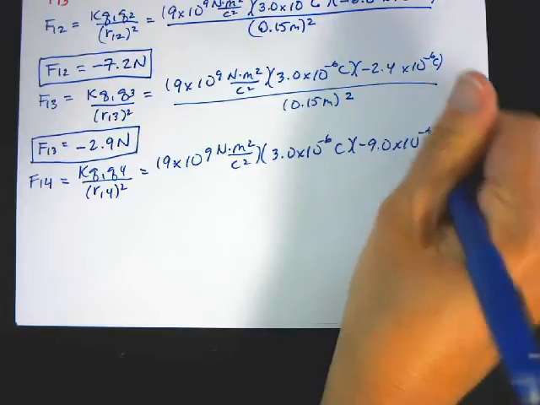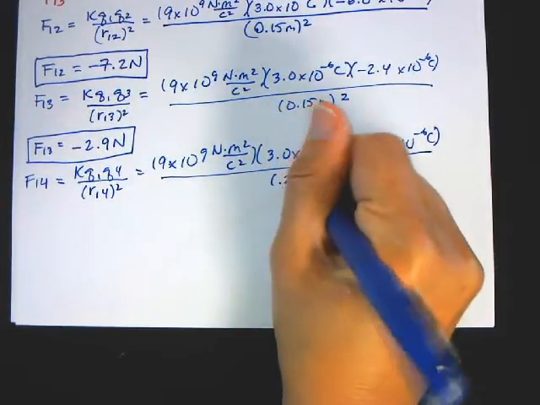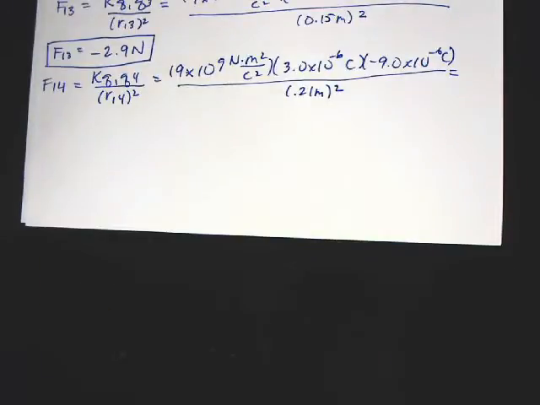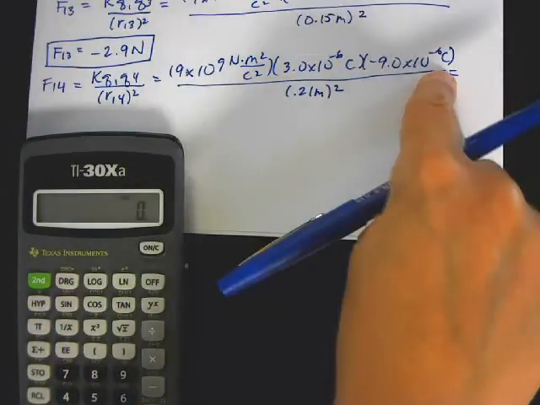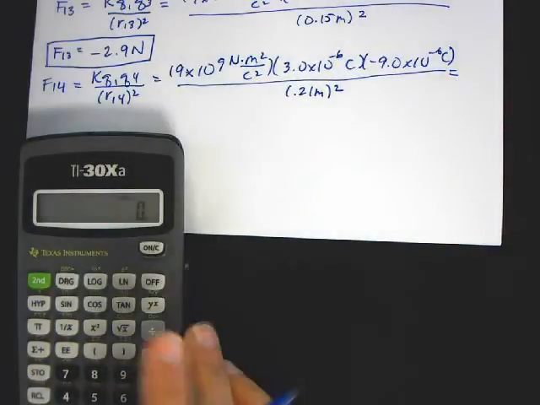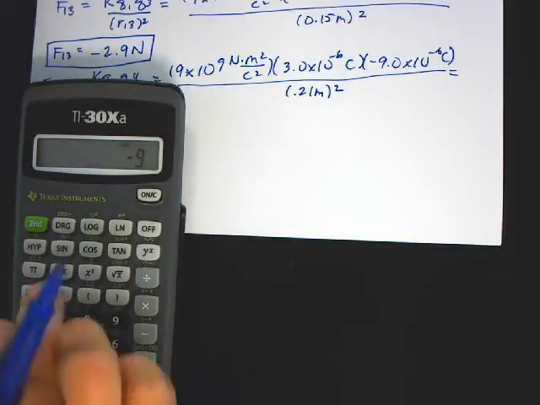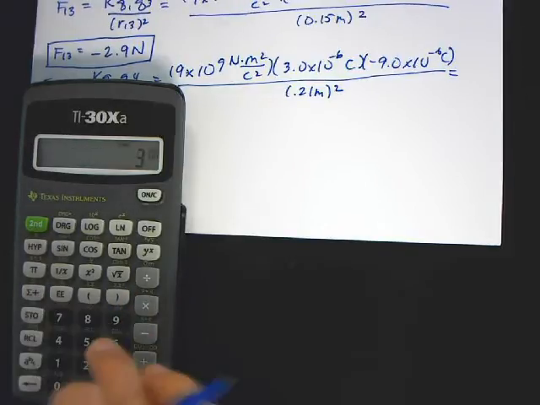So now when I do this in my calculator, I always start from the right and work my way left for some reason. So 9, change sign, EE 6 minus, times 3 EE 6 minus equals, times 9 EE 9 equals, divided by 0.12 squared equals.